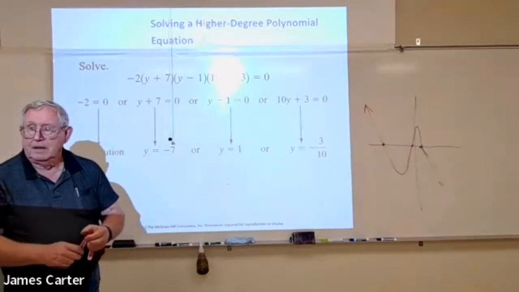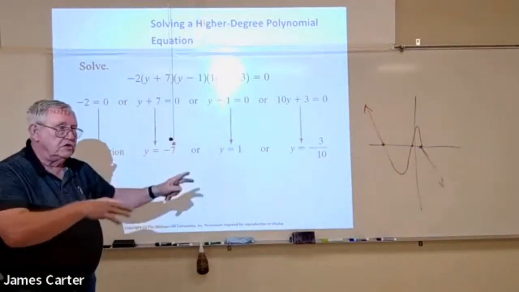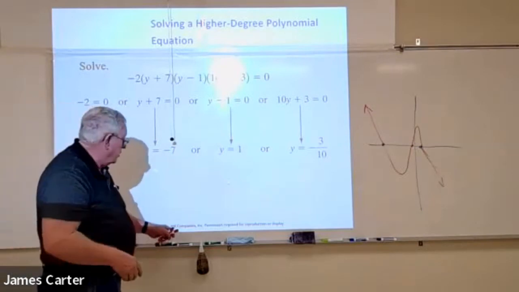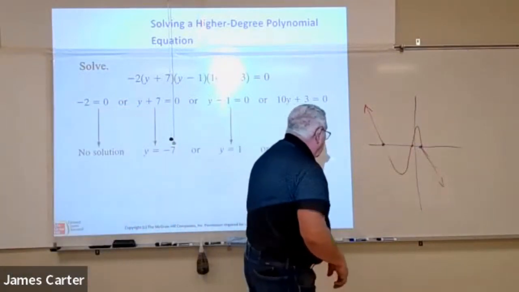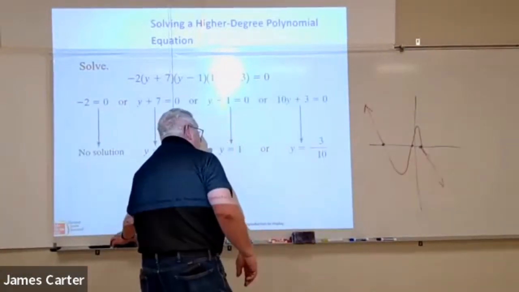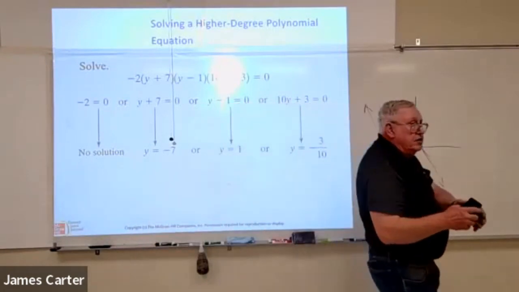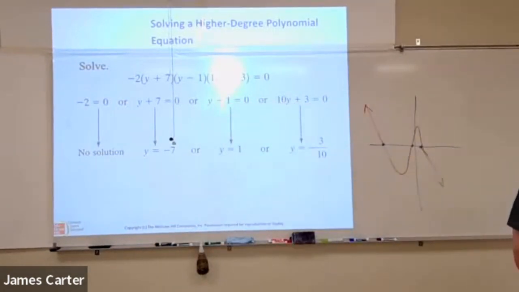Okay. We're going to learn more of those kind of things later. That's not really part of tonight's assignment, but it will be part of the future assignment. Remember how I told you that quadratics, second degree equations, always have the characteristic shape up or down depending on the leading term?